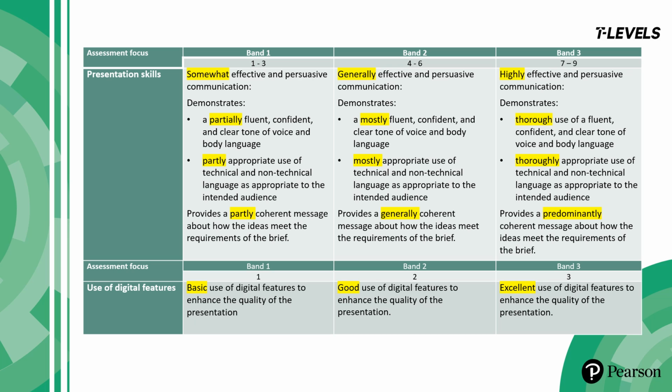If students have, for example, demonstrated thoroughly appropriate use of technical and non-technical language, but only partially fluent, confident and clear tone of voice and body language, then a best fit mark must be applied.